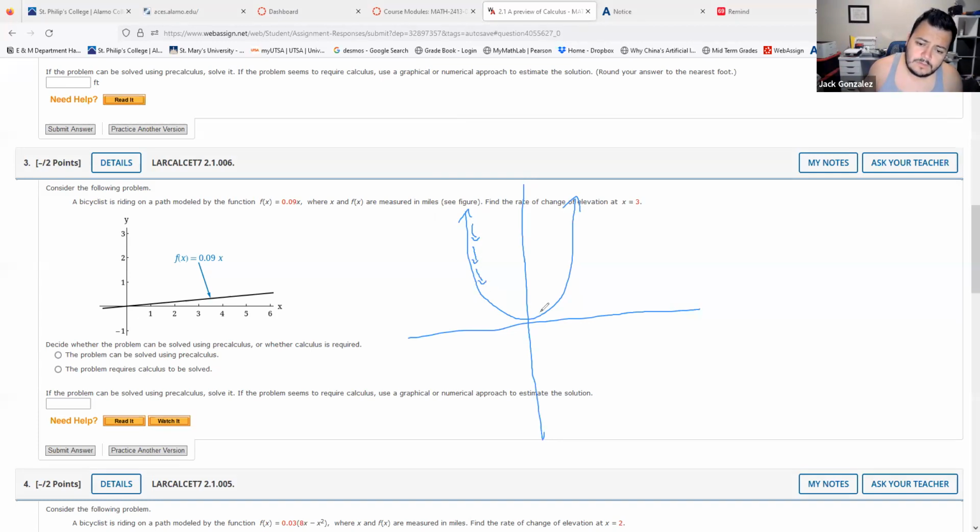But over here, you're increasing. You see what I mean? How the rate of change of the function itself is not constant. It is different depending where we are at. This guy is always the same rate.